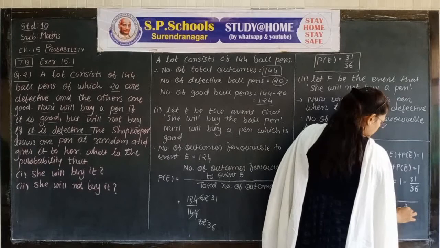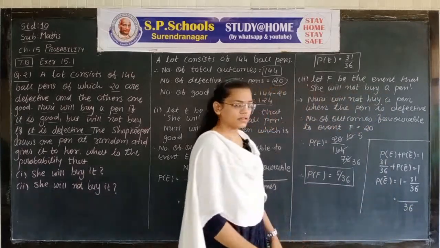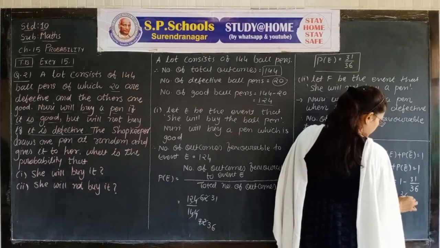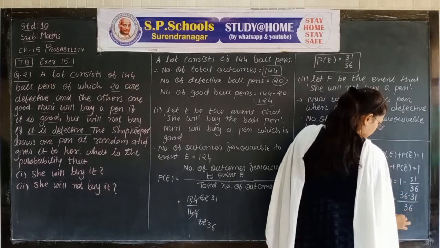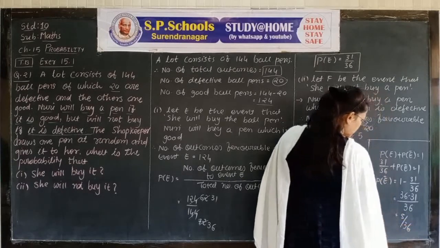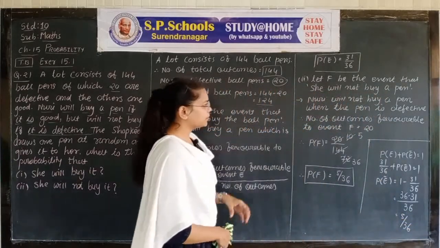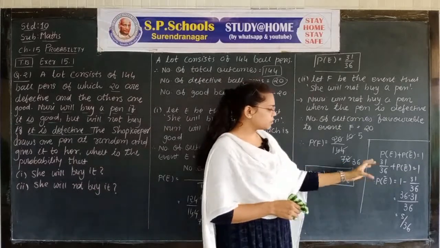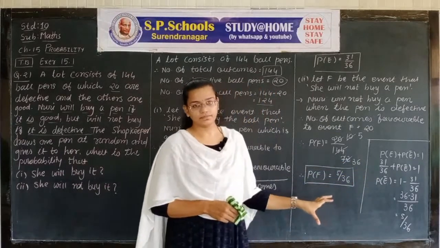By taking the LCM and solving, we get our answer 5 upon 36: 36 minus 31 is equal to 5 upon 36. 5 upon 36 is the probability that she will not buy a pen. It is also possible using the complementary event.